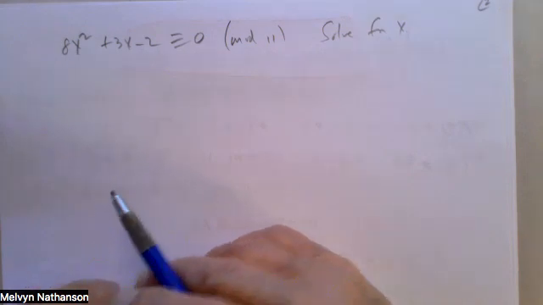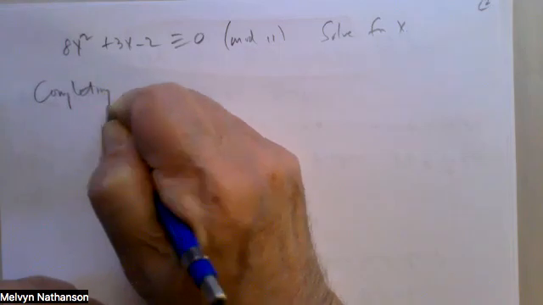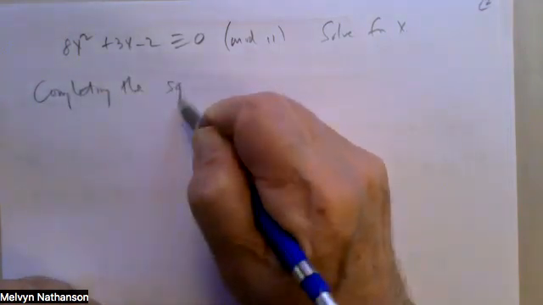So you might do what you learn in pre-calculus or high school algebra. You simplify the equation by completing the square. What that means is multiply through by 8 and then try to get a perfect square somehow in this equation.